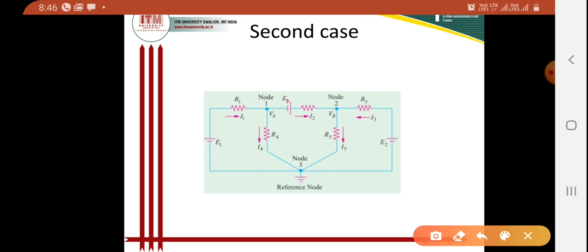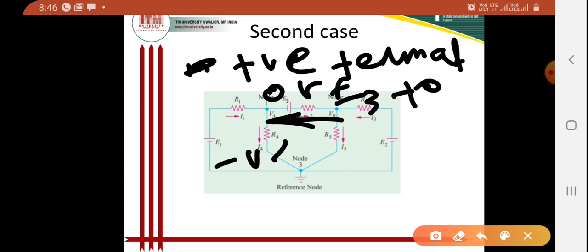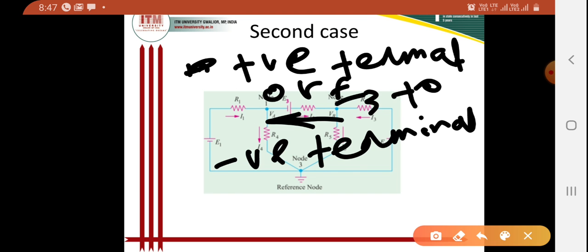However, if we travel from node 2 to node 1, what will happen then? We are moving from the positive terminal of E3 to the negative terminal of E3.